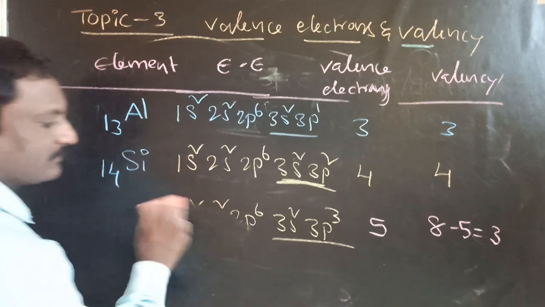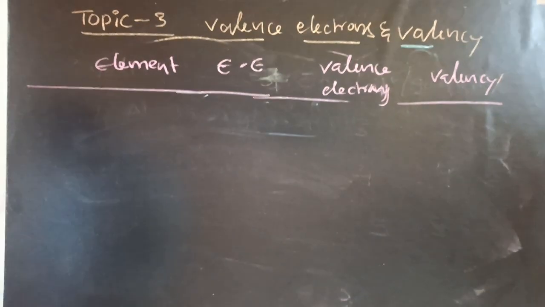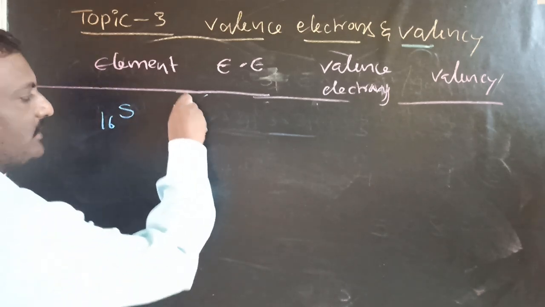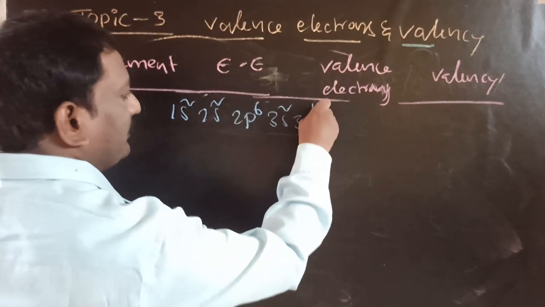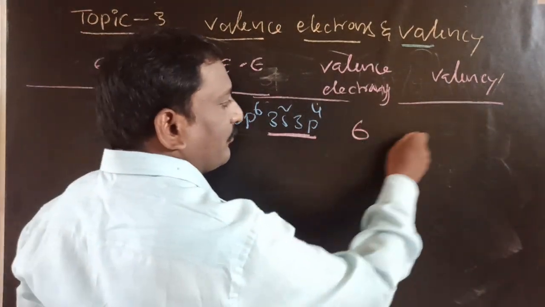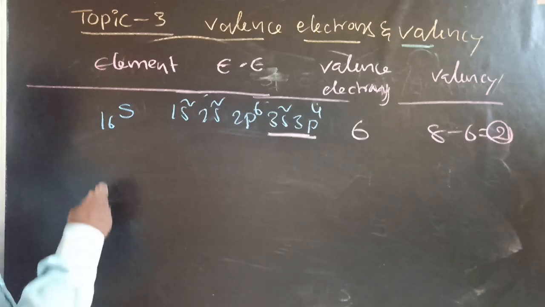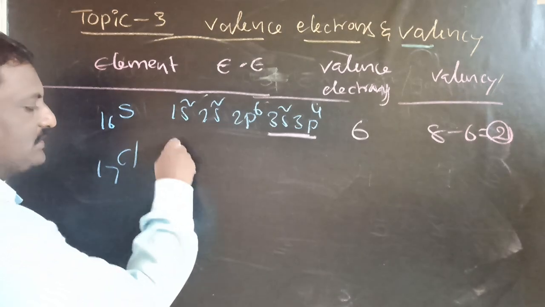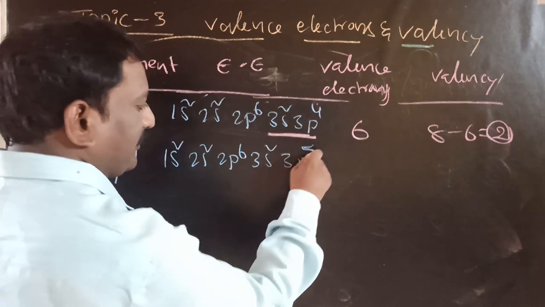Right. Next, sulfur onwards. Sulfur. Atomic number 16, 1s2, 2s2, 2p6, 3s2, 3p4. Third shell will be the valence shell, 6 electrons are there. Valence 8 minus 6, that is 2. Next one, chlorine, 17, 1s2, 2s2, 2p6, 3s2, 3p5.